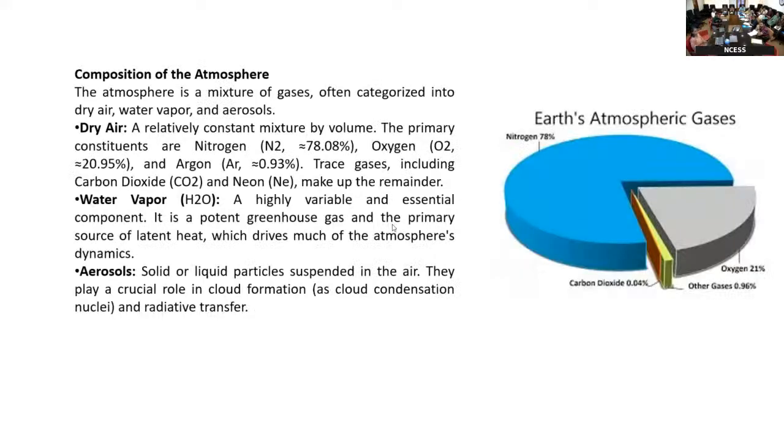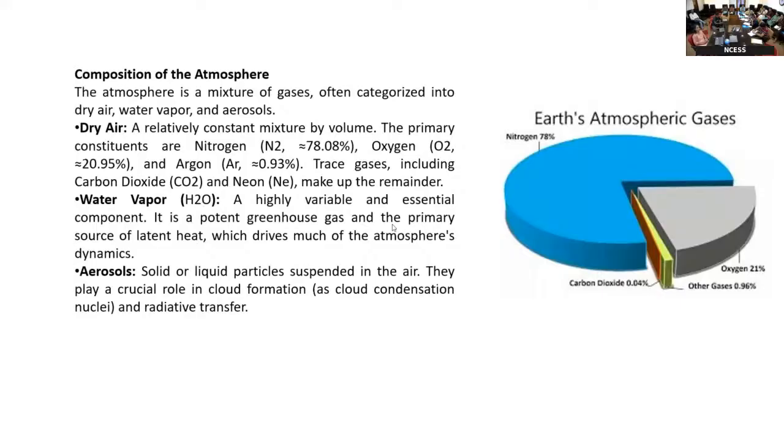You may have seen this figure many times. The major components of the atmosphere are basically nitrogen and oxygen. These don't have much role in determining the temperature; they stay in the background, with not much effect on the dynamics or thermodynamics.